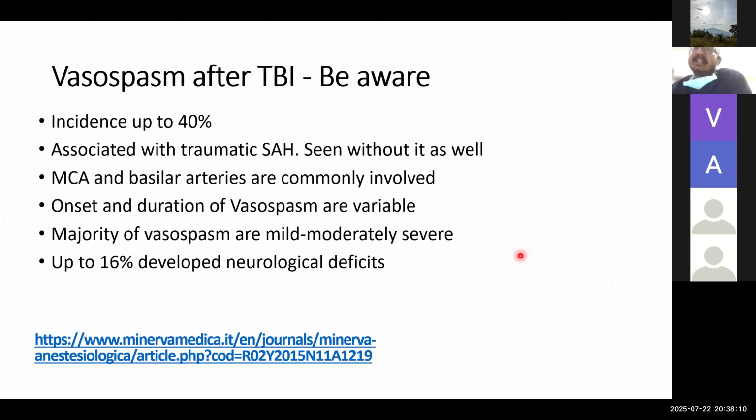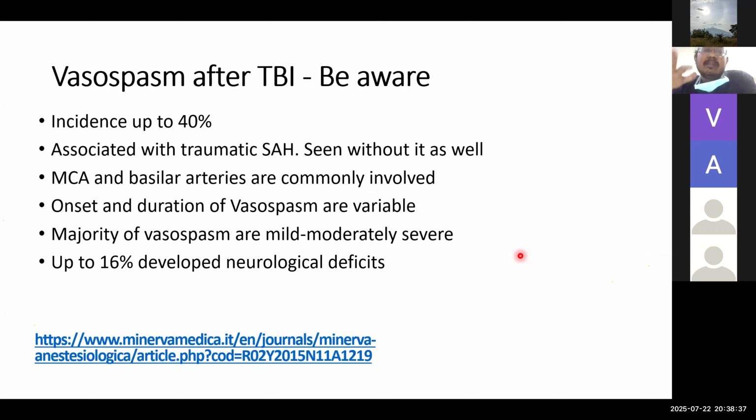But what the literature says is that there are two sets of ideas. One thought process is that the onset and duration of vasospasm, compared with aneurysmal SAH, is shorter. It occurs early and is of shorter duration. But whenever it is associated with traumatic SAH and moderate to severe brain injury, the onset and duration mimic that of aneurysmal SAH.